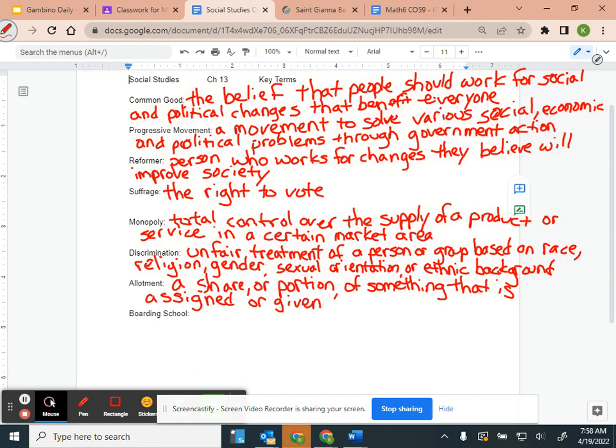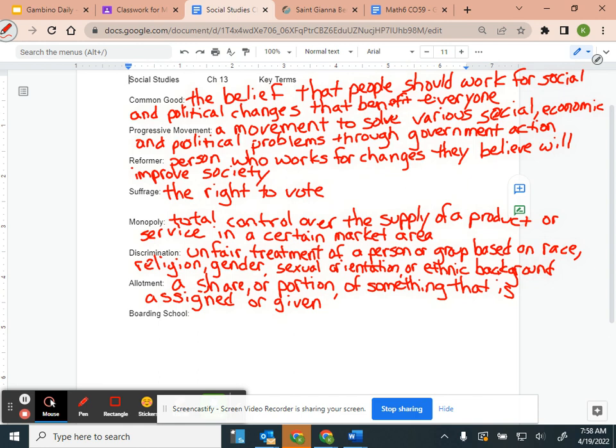So when you're allotted something, you're given a certain amount of it. So there's allotments for, well, let's say you go to lunch and you're getting hot lunch, you get a certain allotment of the food that they made. You'll get a certain portion of it. So we'll find out what allotment has to do with our chapter, what portions they're dividing up.